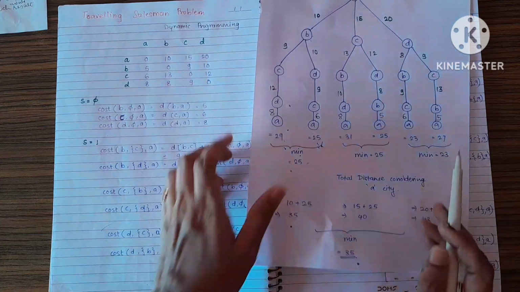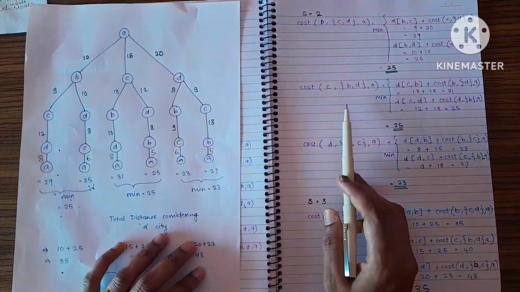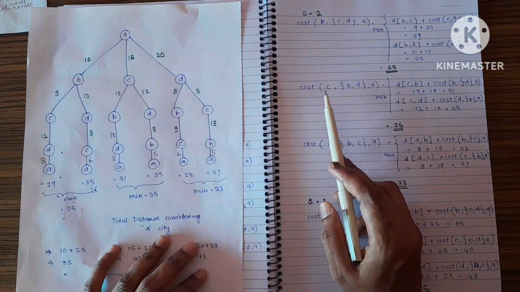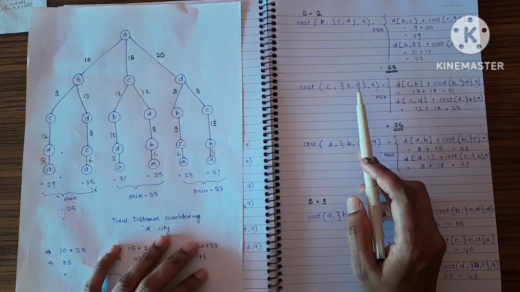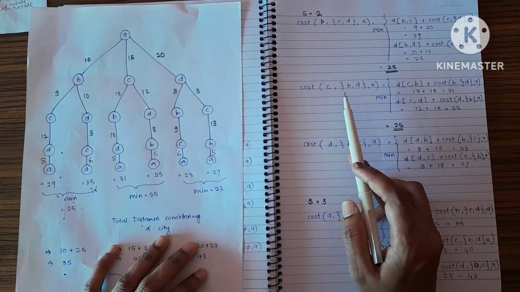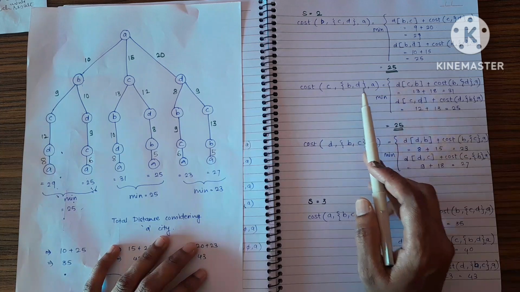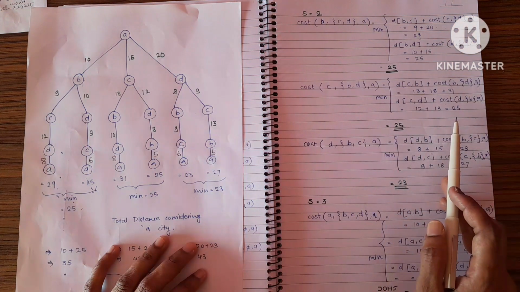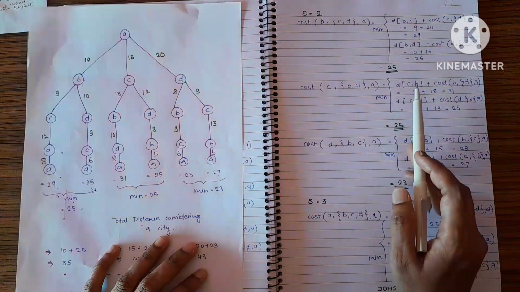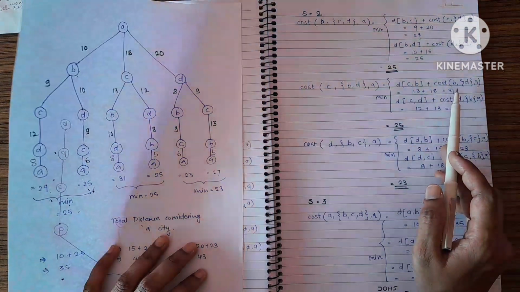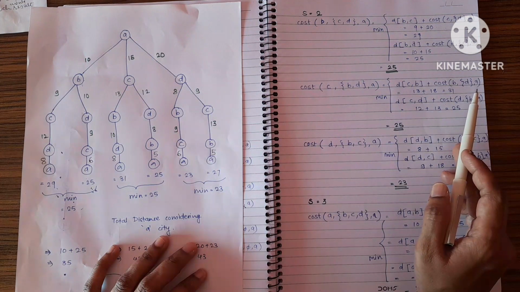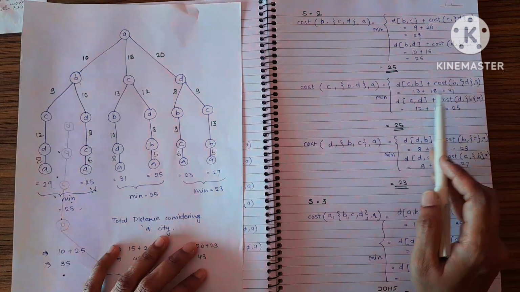Similarly, when he chooses to visit C city first, he has to make a decision regarding the order of visiting this B and D cities, which would cause minimum distance to travel. So when he decides to visit B city first and then D and then returning to A, it would cost 31.